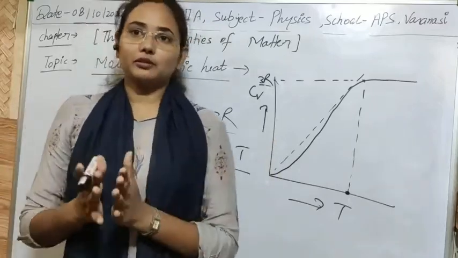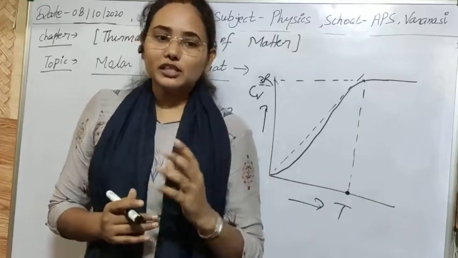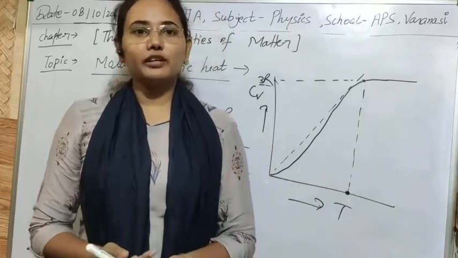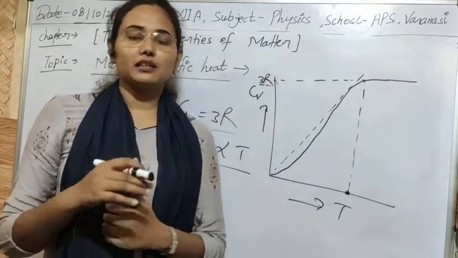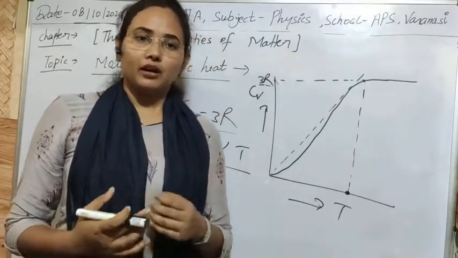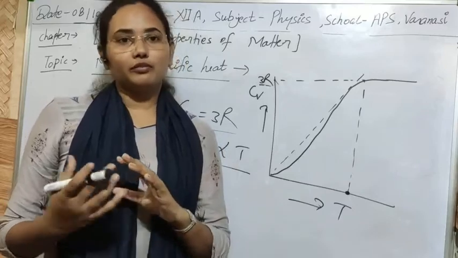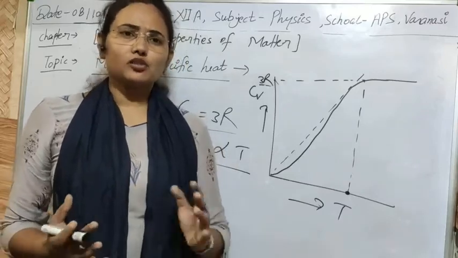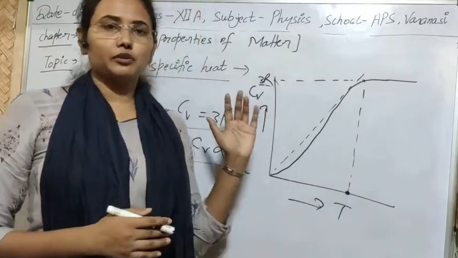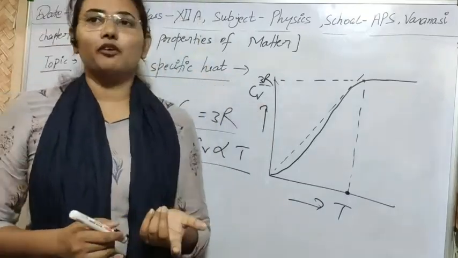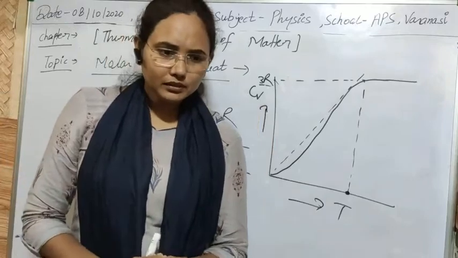As I told you, the anomalous behavior of water. The molar specific heat of water can be defined as the heat required to change the temperature by one degree of 1 gram mole of water. This is called the molar specific heat of water. After putting in the values we can easily calculate C for water.